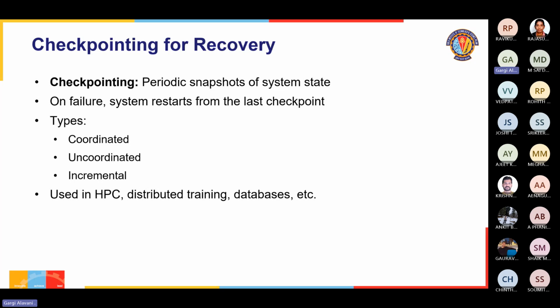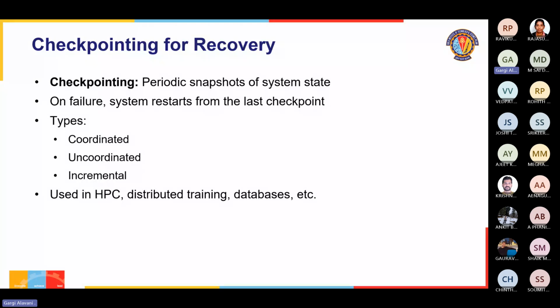Or you can have uncoordinated checkpointing, where each process checkpoints independently. This is faster because there is not much coordination, but the recovery might be a bit complex. You can have incremental checkpointing as well, where only changes since the last checkpoint are saved.